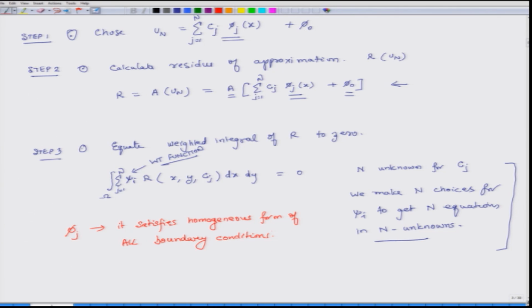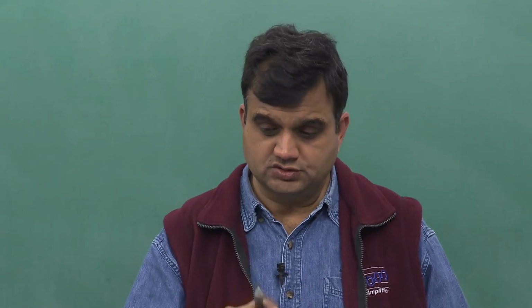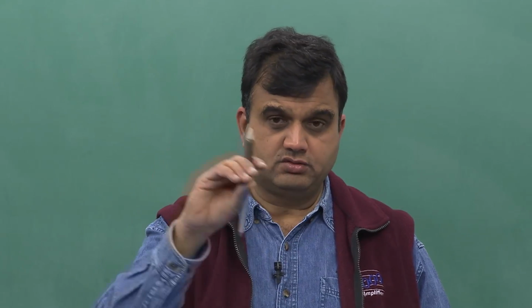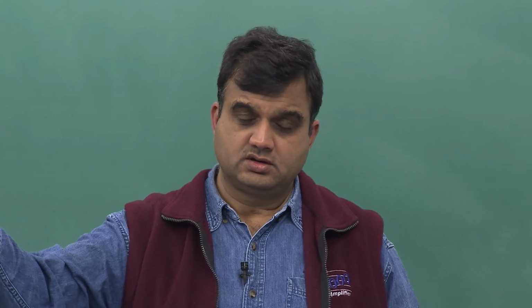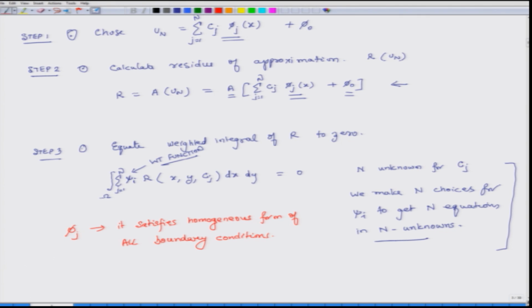So, all boundary conditions, not just natural boundary conditions or essential boundary conditions. Phi j should satisfy all boundary conditions, but only their homogeneous form. So, if u equals a non-zero constant, I replace that non-zero constant by 0, and phi j has to satisfy that boundary condition.